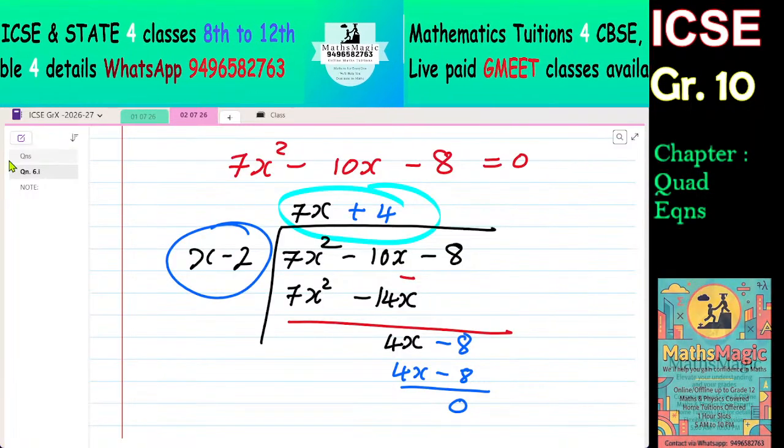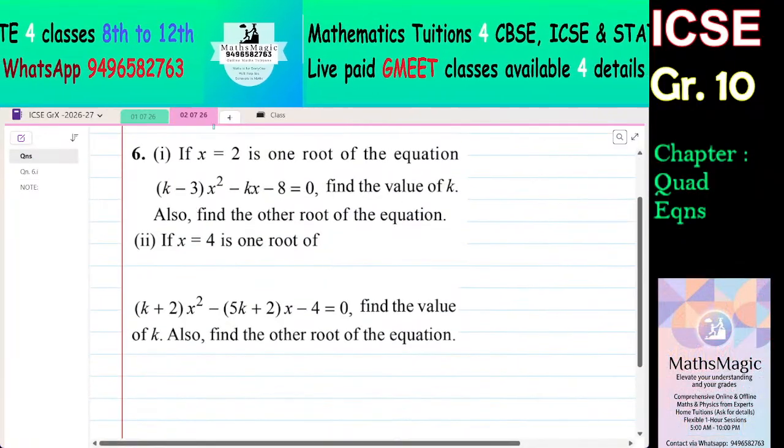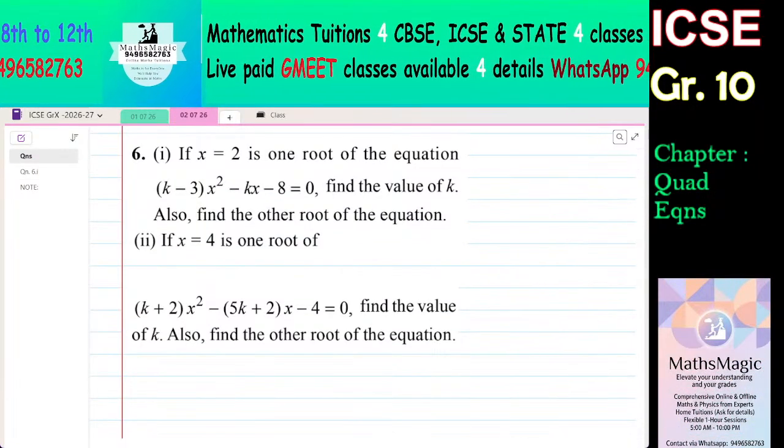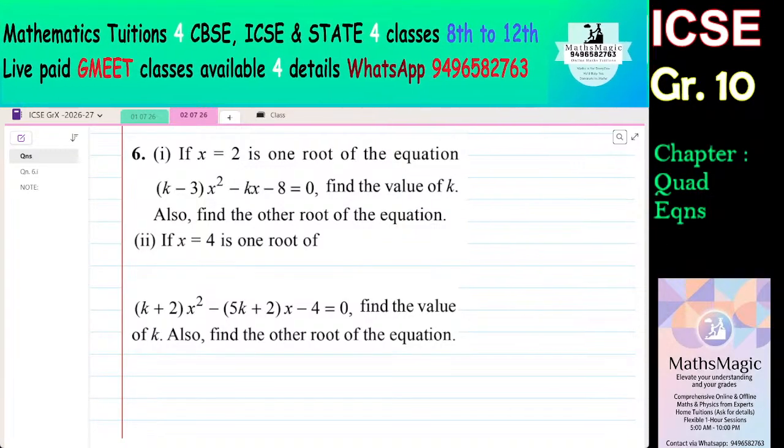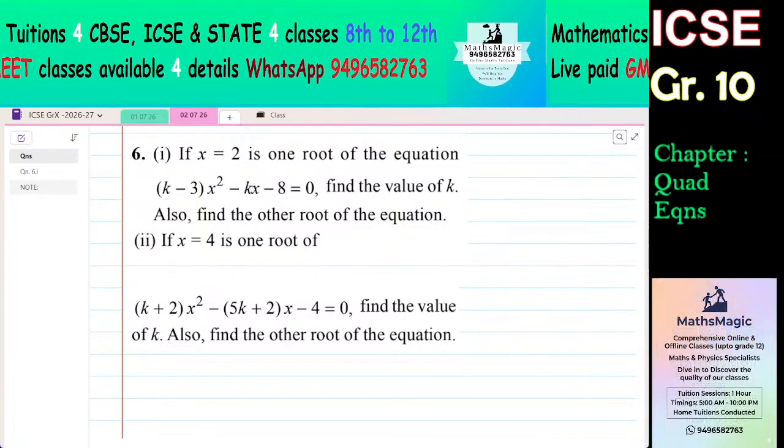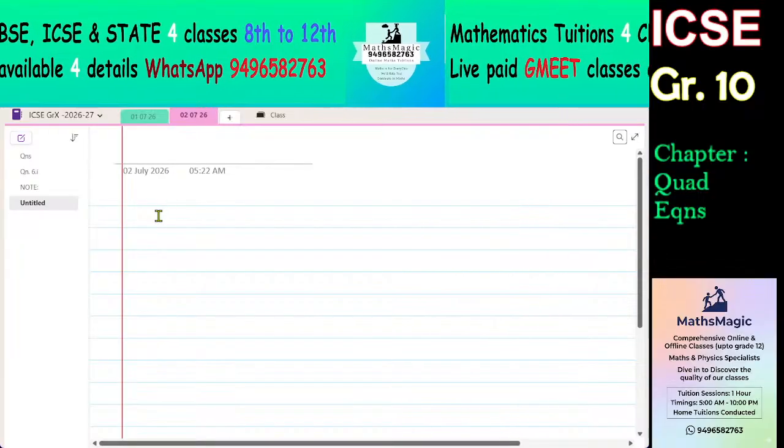Okay. Now those who haven't completed, take down this question and solve it using any of the methods you like.